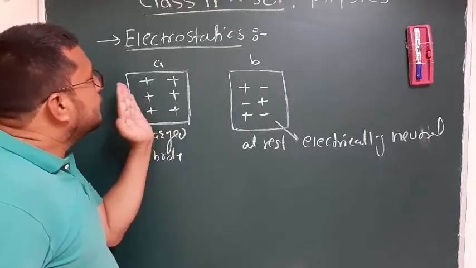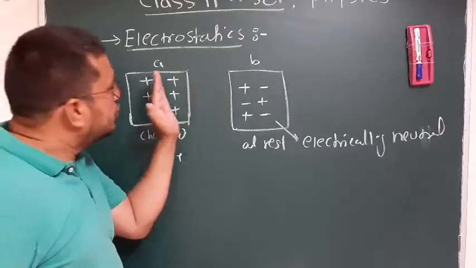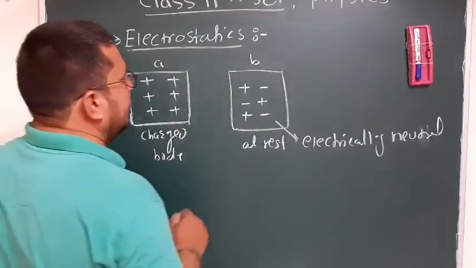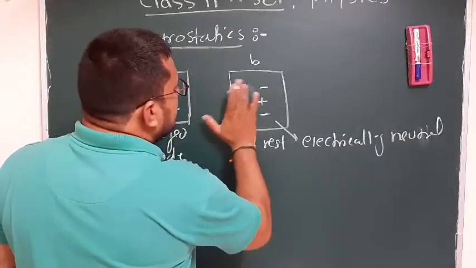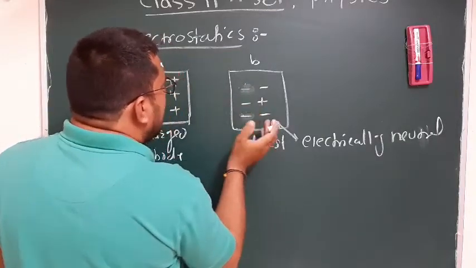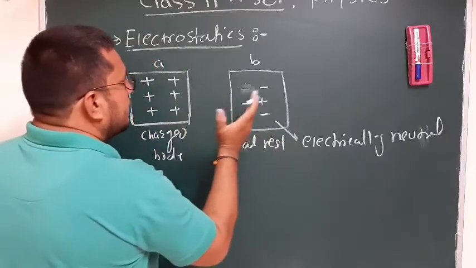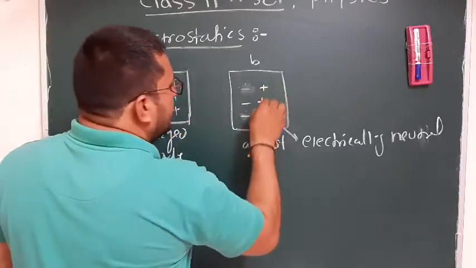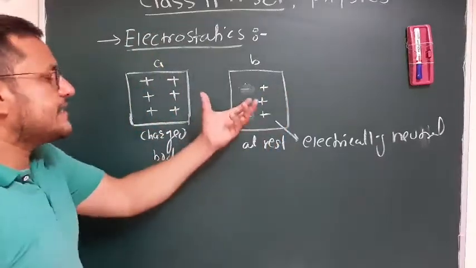But when we move the charged body towards this neutral body, you will observe that all the negative charges move towards the charged body, and the positive charges get separated.